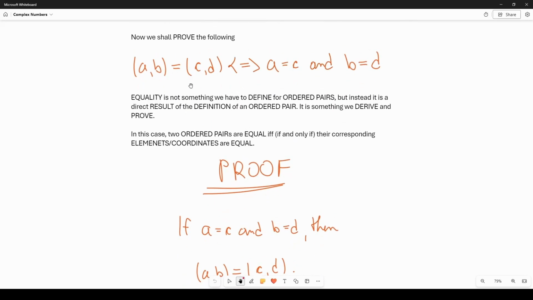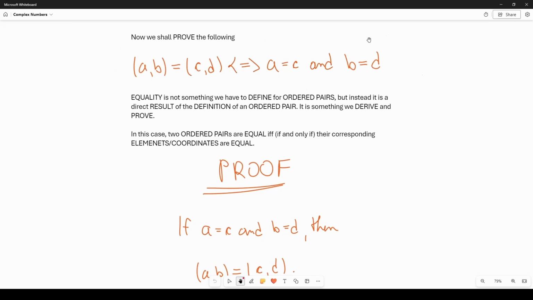Now we shall prove the following. We shall prove that the ordered pair (A, B) is equal to the ordered pair (C, D) if and only if their coordinates are the same. So what does it mean for two ordered pairs to be equal?